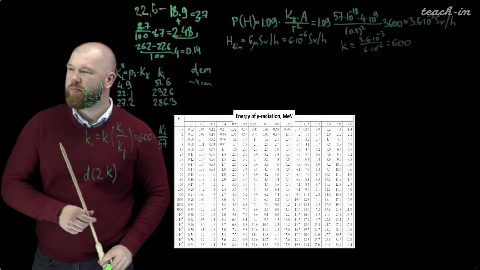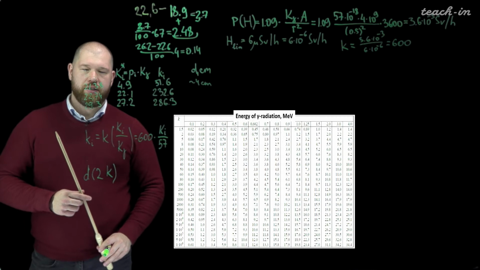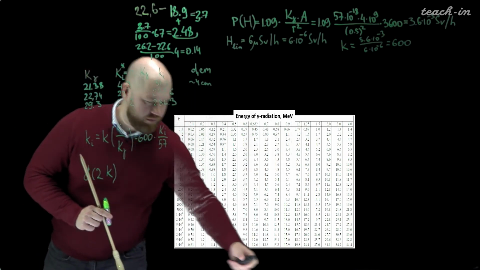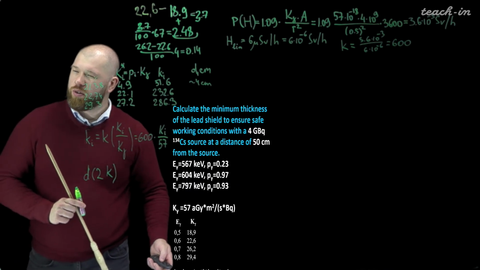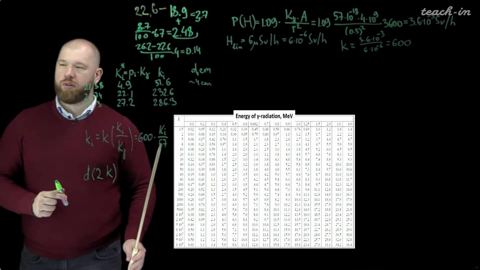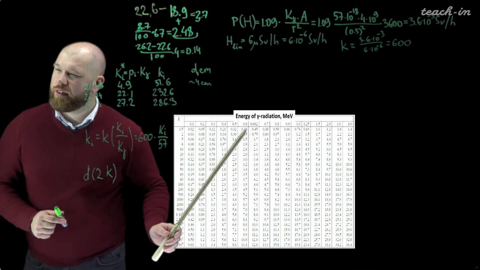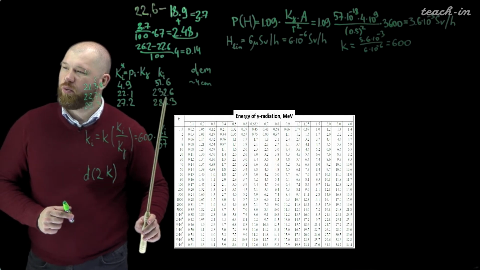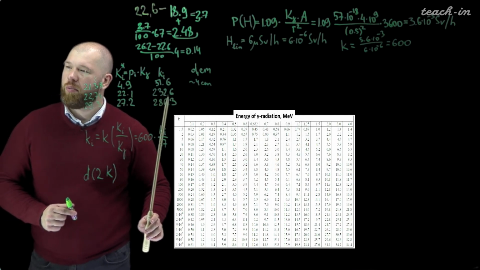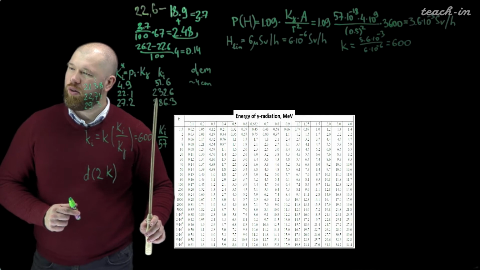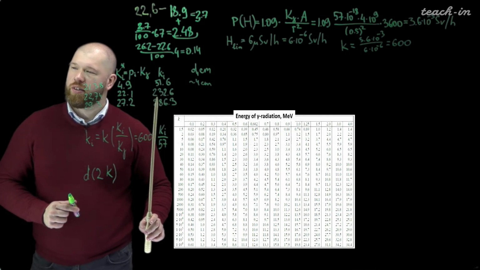Let's take this number. Then the next energy, let's go back, was 600, more or less a round number. So we are finding this 600 kiloelectron volts, and we are looking not for 232, but for 465.